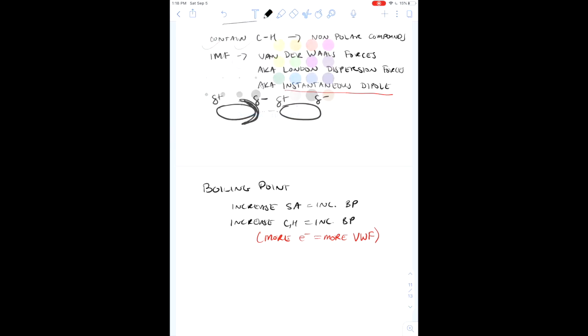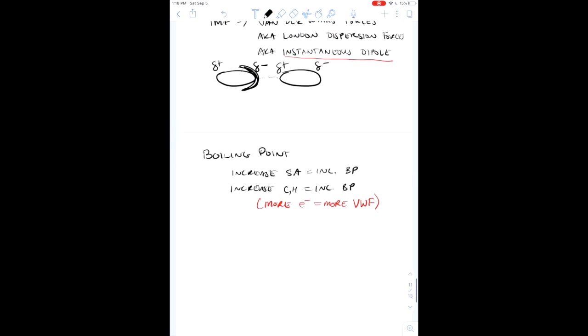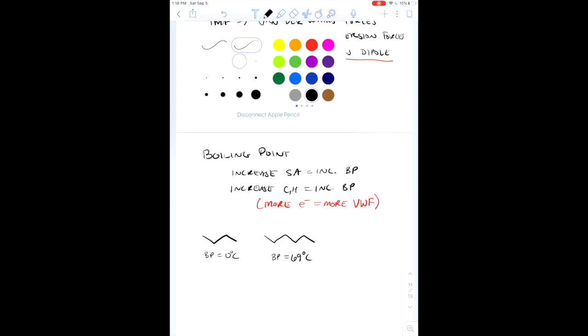Okay, but so basically, the more electrons that are present, then the more availability for those van der Waals forces to occur. And so this is basically seen if we have a general trend for this, for butane, for example, to, like, let's say we've got hexane. So the boiling point for this guy is equal to 0 degrees Celsius, and the boiling point for this guy is equal to 69 degrees Celsius.